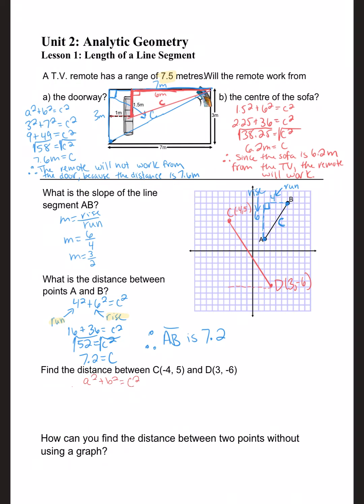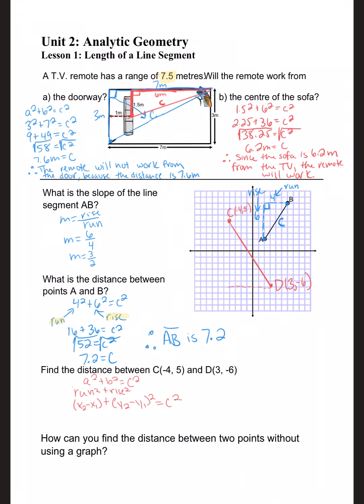Our run is going to be, remember, x2 minus x1, squared, plus we're going to take our rise squared. Remember, our rise is just y2 minus y1, squared, and that's going to equal the length of our side squared.